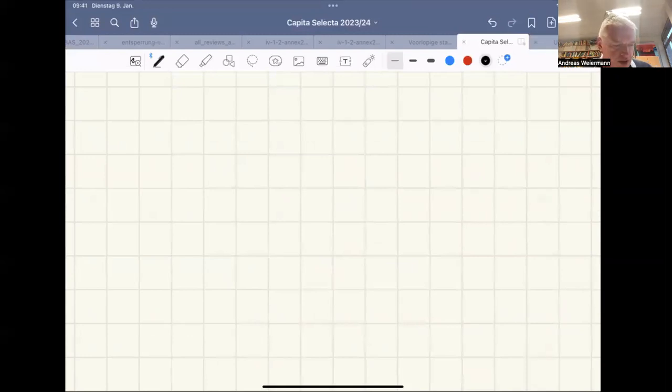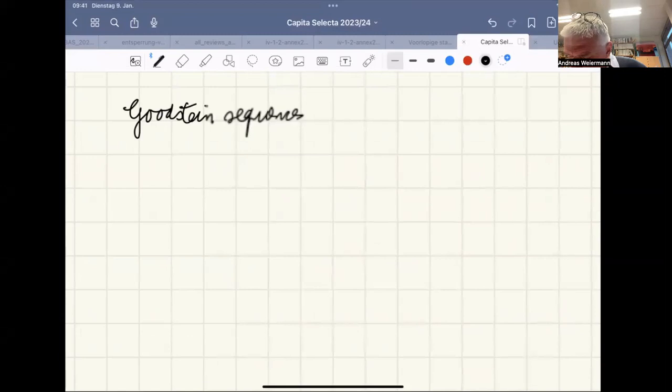We have seen now the basic results about Goodstein sequences. And there's something which can be discussed here, namely, in what way can we generalize this? In the last years, I worked on this.